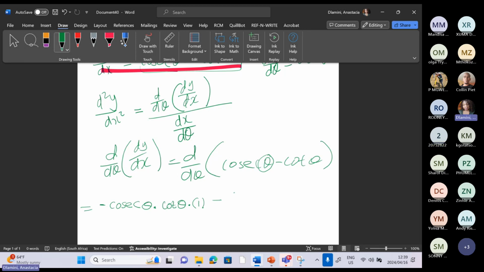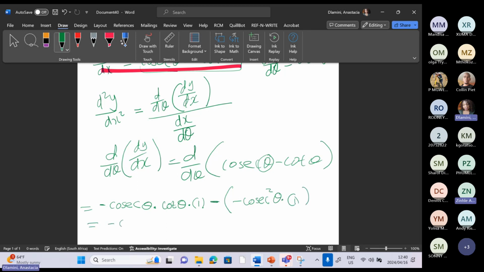Now, be careful, bracket. There's a sign here. If you see a negative, it means danger. Protect yourself with a shield that is called a bracket. Cot minus cosec squared of the inner function, times the derivative of the inner function, which is 1.